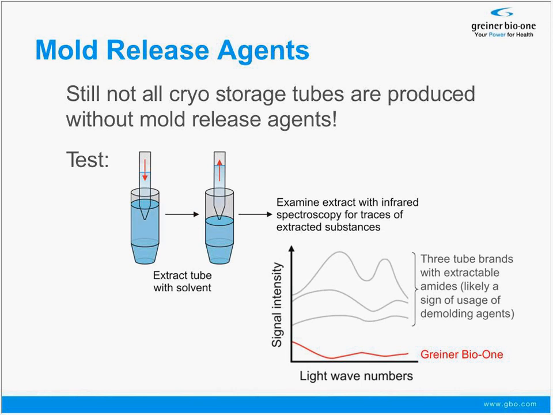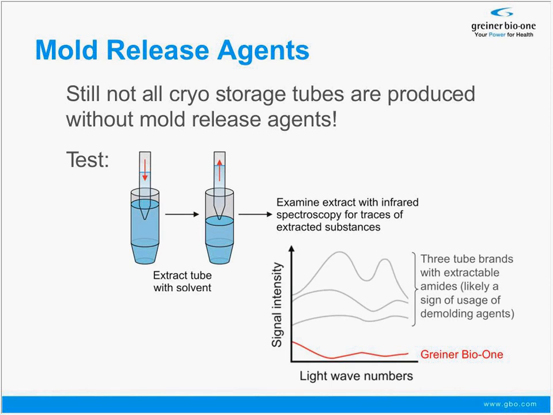So this slide is meant to strengthen the awareness for users that not every raw material quality is the same, and that depending on your biobanking approach, your aim, your sample type and your endpoint assay, you make an aware selection of a tube that suits your requirements.